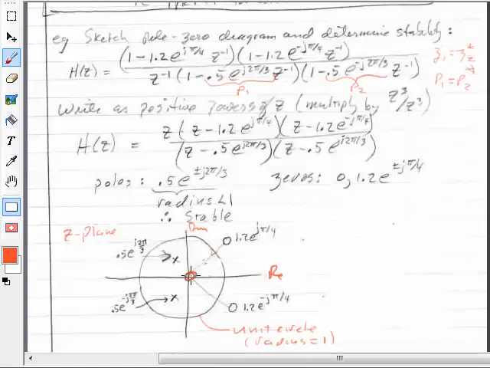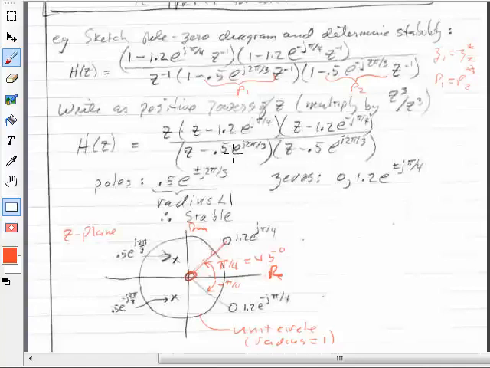So if I go 1.2 at an angle of pi over 4, remember that's 45 degrees, and I go out a distance of 1.2, remember this circle is a radius of 1, so it's beyond that, there is this zero. There's another zero that's the complex conjugate. Same thing, only it's rotated to minus pi over 4. So those are complex conjugate pairs.